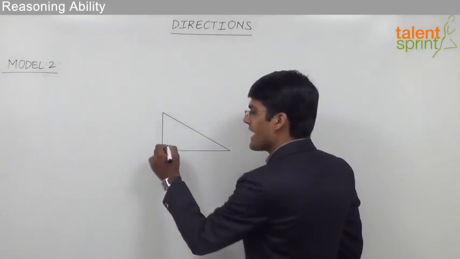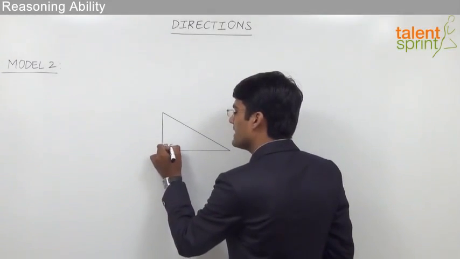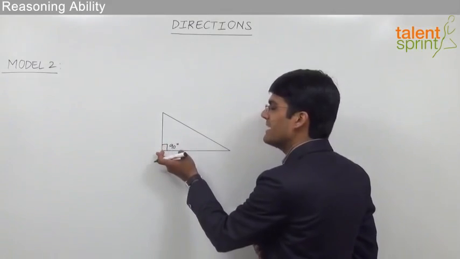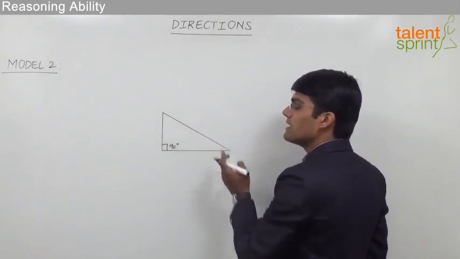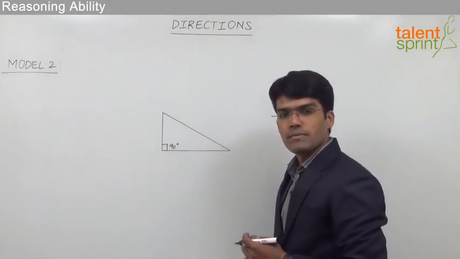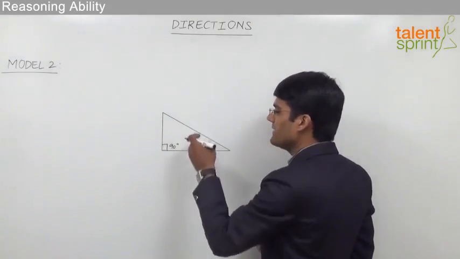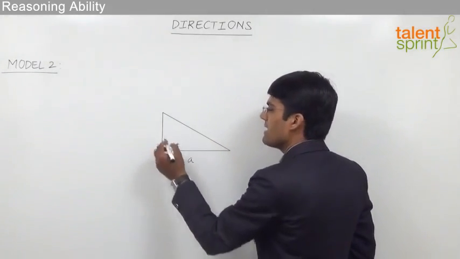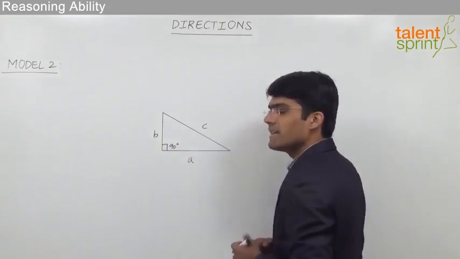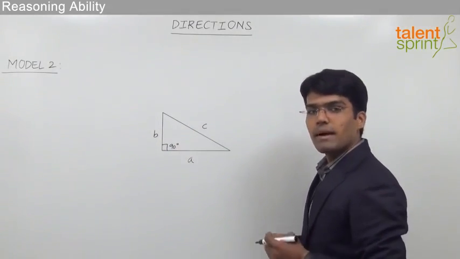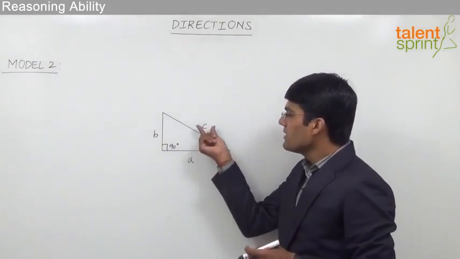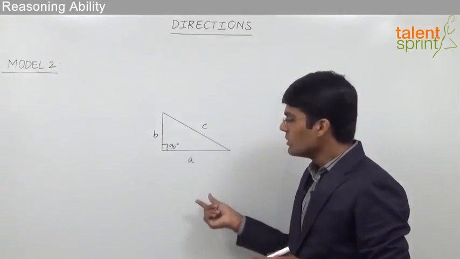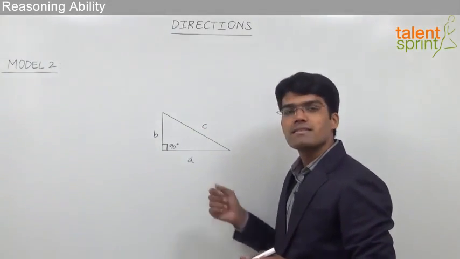In a right angle triangle, one of the angles is 90 degrees. The side which is opposite to the right angle is called the hypotenuse. Now assuming that the lengths of these three sides are A, B and C as shown, as per Pythagoras theorem, the hypotenuse square should be equal to the sum of the squares of the adjacent sides.